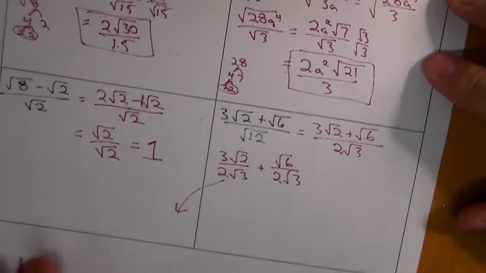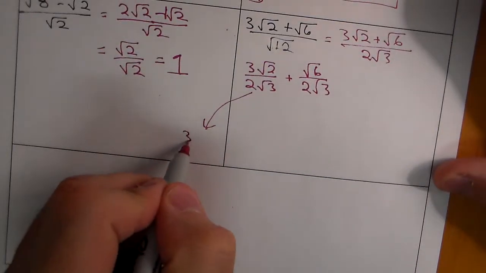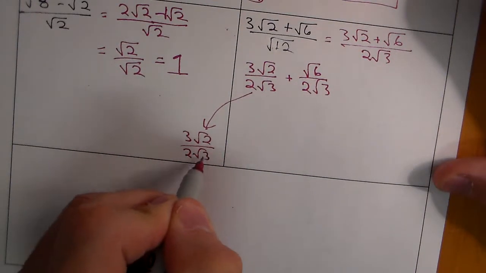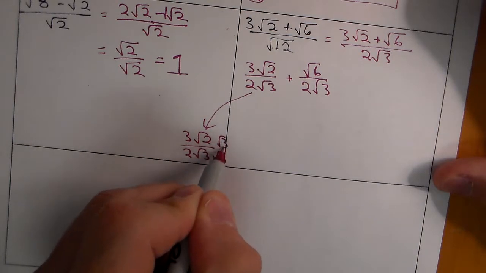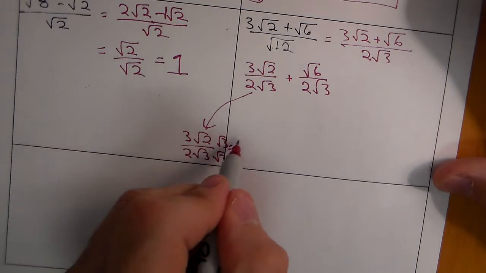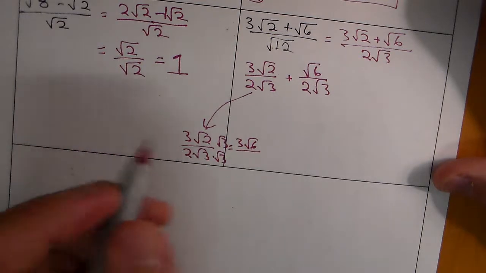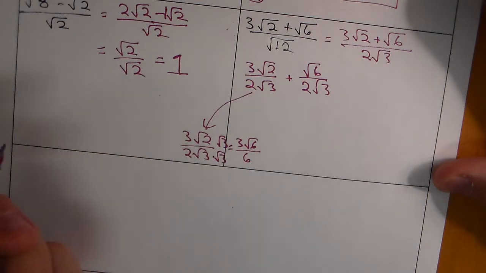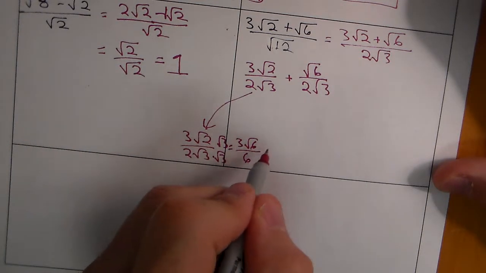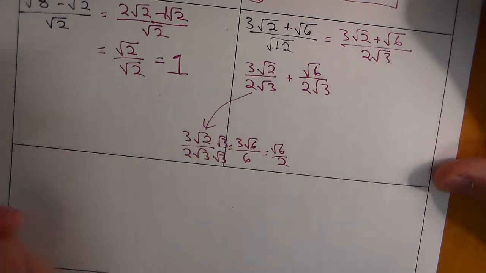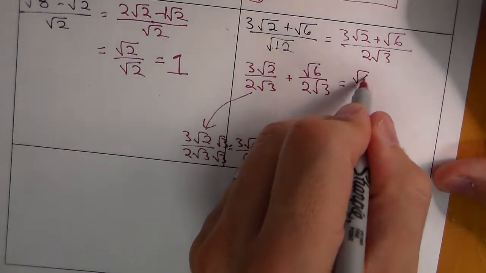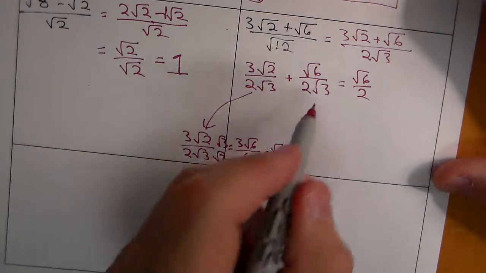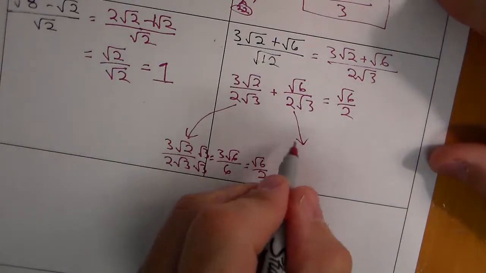So off to the side here, 3 root 2 over 2 root 3, I'm going to multiply top and bottom by root 3, and we get 3 root 6 over 2 times 3, which is 6. 3 and 6, that's going to become root 6 over 2. Now, square root of 6 over 2 root 3.